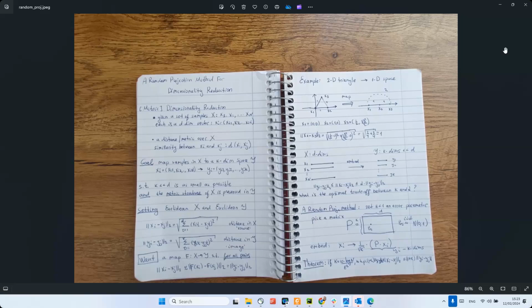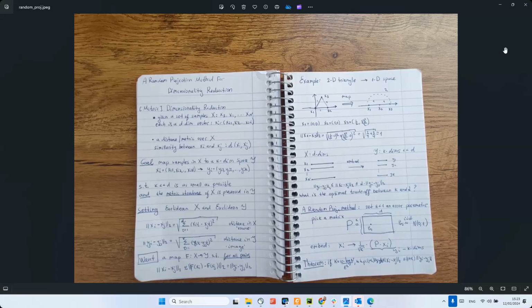And we want the guarantee that the new distances and the old distances are preserved up to a factor alpha. We want this alpha to be as small as possible. And actually, we want the exact trade-off between alpha and k.